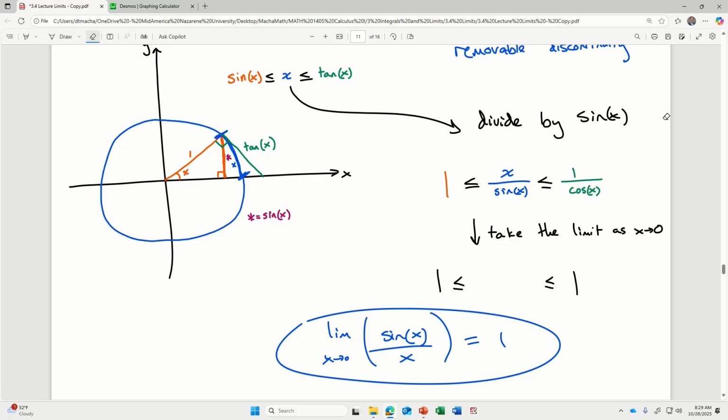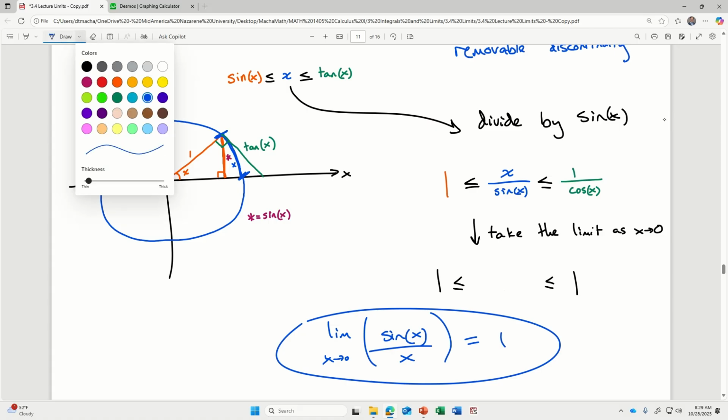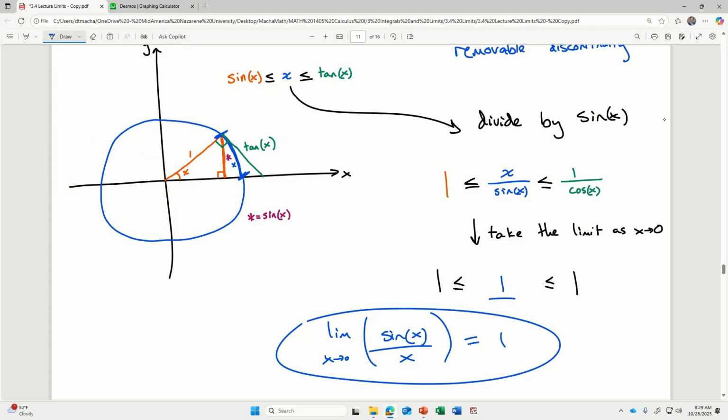And we didn't know what 0 divided by 0 would be, but I do know that 1 divided by cosine of 0, 1 divided by 1, is 1 in the limit. And so this is an example of how we applied the squeeze theorem here, because I had a function that was squeezed in between two other functions at the limit point.